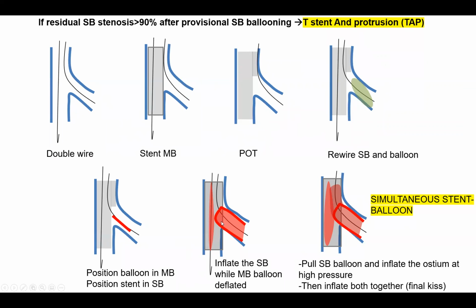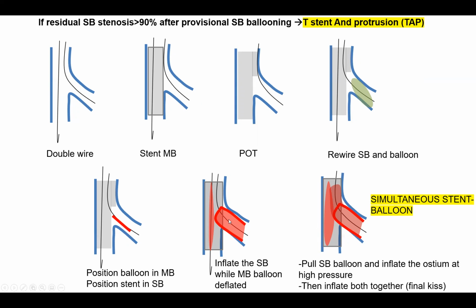So you advance those and you initially deploy the side branch stent while the balloon is deflated. Then you deploy it at normal nominal pressure. Then you pull back that balloon of the T-stent and inflate it at high pressure. Then you do a kissing balloon inflation of the main branch balloon and the side branch balloon, okay?